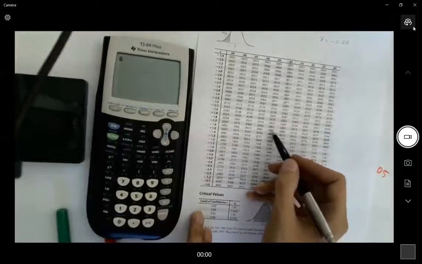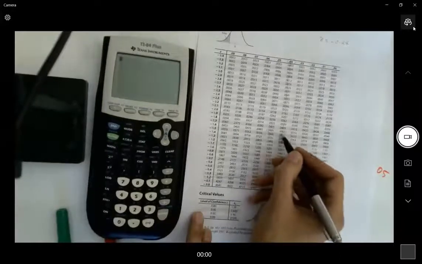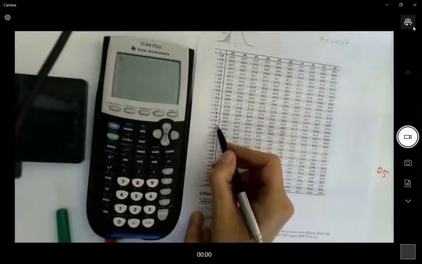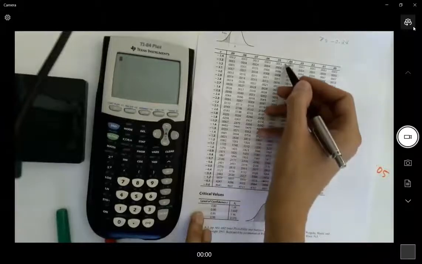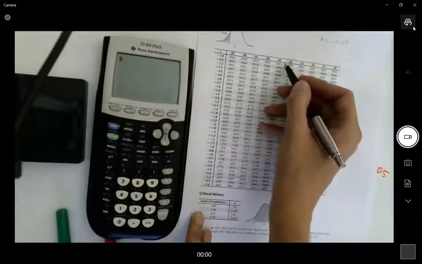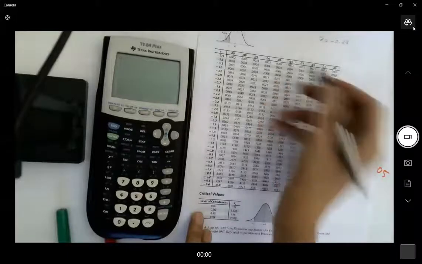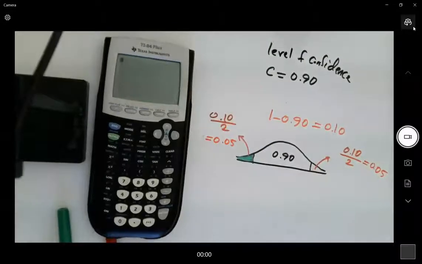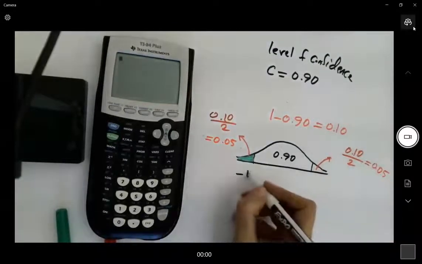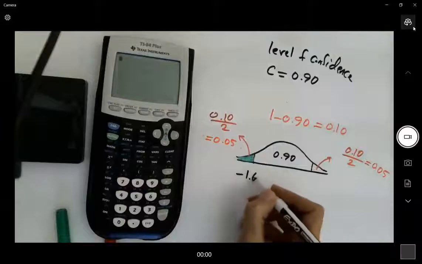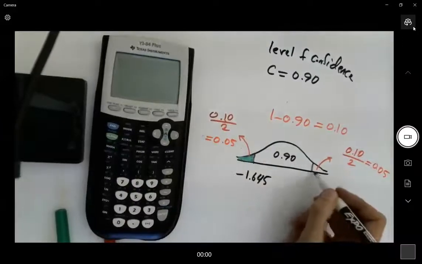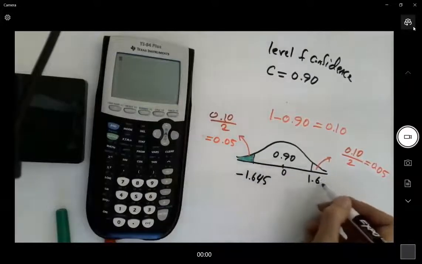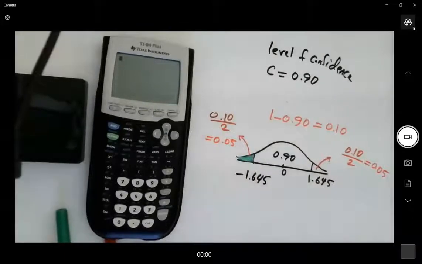I don't have the exact 5%, but a number between these two is going to be my value. So negative 1.60, 1.645 in between these two. By using your Z table, you get zc negative 1.645. On the right-hand side, because of symmetry, this is 0 in the middle, this is the exact same number but positive.